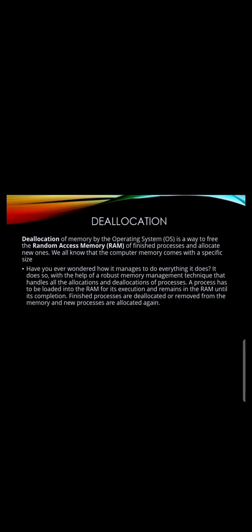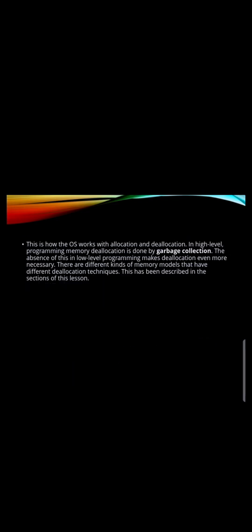It does so with the help of a robust memory management technique that handles all the allocations and deallocations of processes. A process has to be loaded into the RAM for its execution and remains in the RAM until its completion. Finished processes are deallocated or removed from the memory and new processes are allocated again.